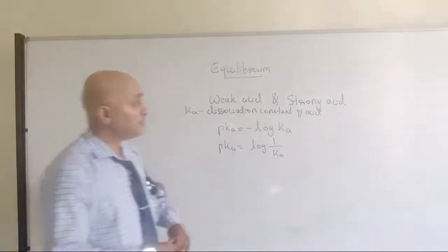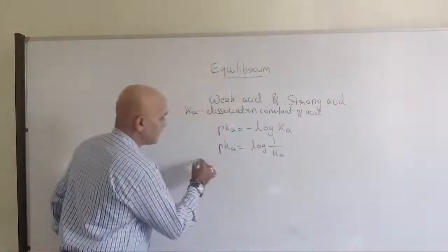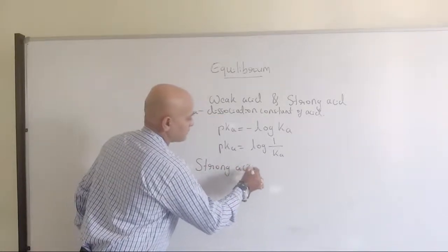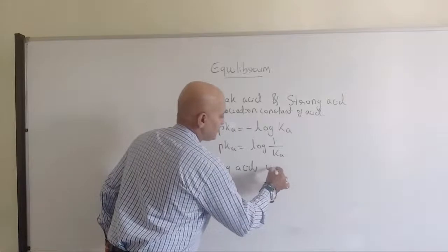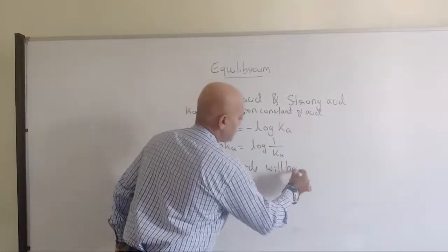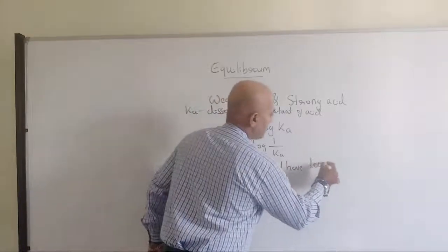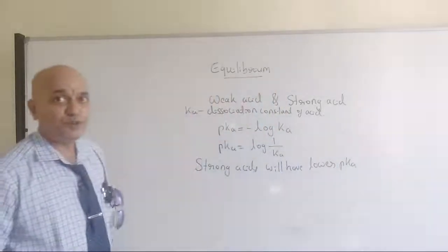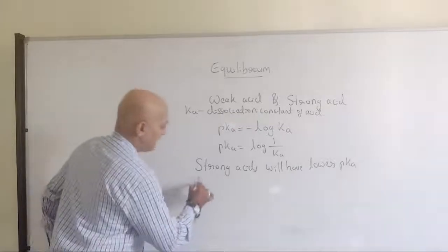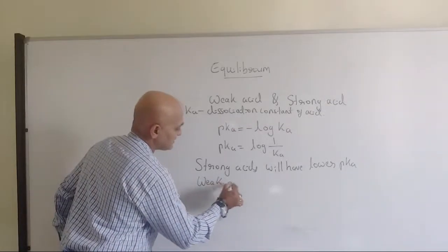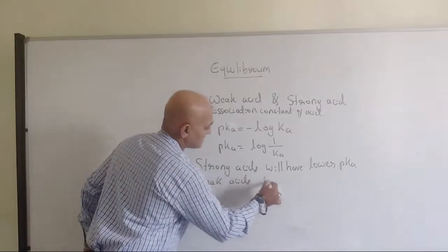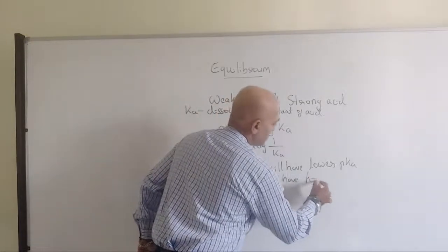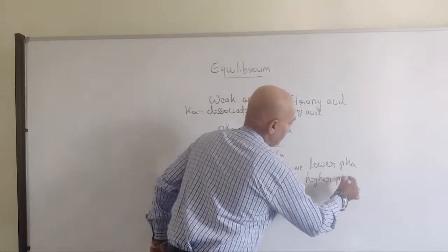So we can conclude that strong acids will have lower pK value and weak acids will have higher pK value.